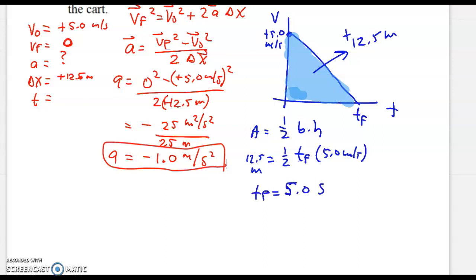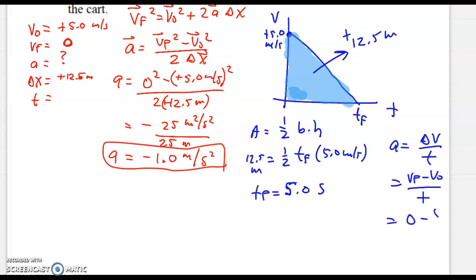Now, no, that's not what they asked me for. But now I can say, okay, well, if you're going down to 0 in 5 seconds, then what's the acceleration? Well, acceleration is change in velocity over time. So I might say I go final minus initial divided by time.